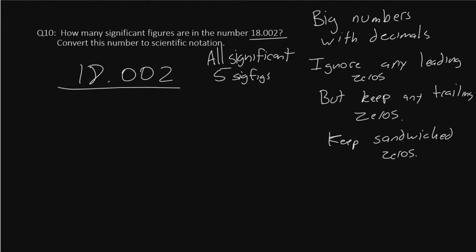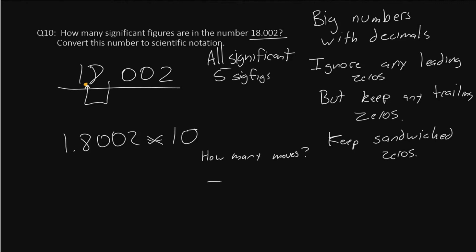Now, once again, to change to scientific, we want to move the decimal point to between the first two non-zero numbers, so we want the decimal point to be in that position. Let's count the number of moves it would take. You just have to move it here, and you'd have 1.8002 times 10 raised to something. How many moves was it, and is it positive or negative?